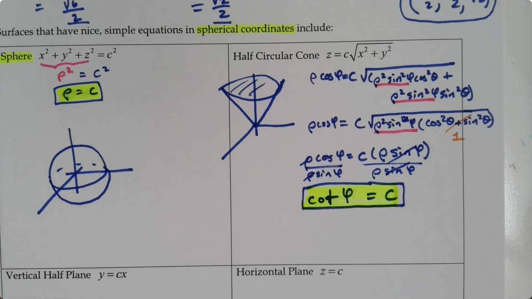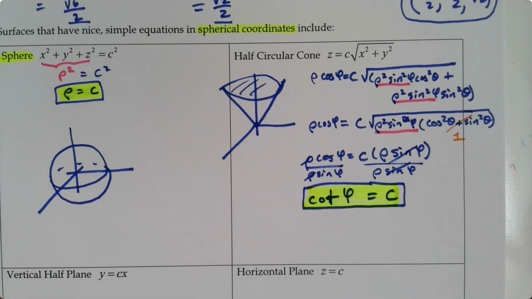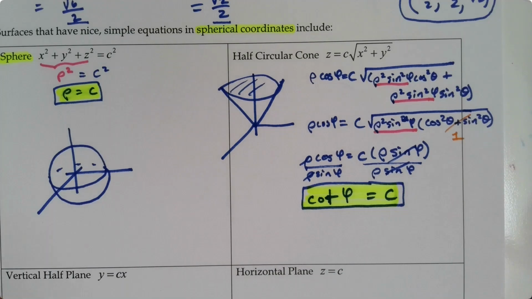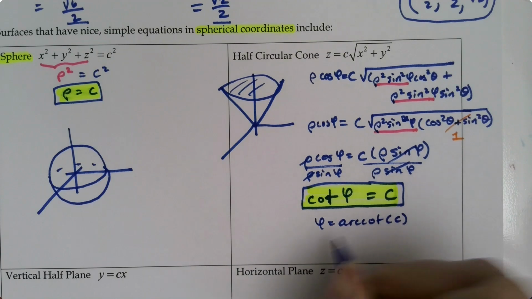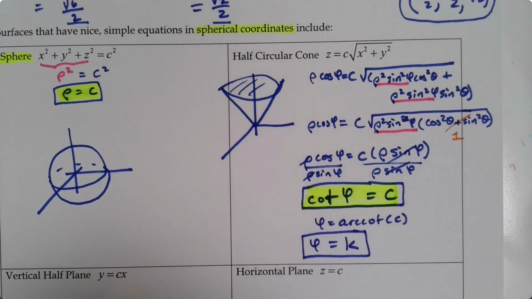I will be honest, that is not how we write it a lot of the time. Because if the cotangent of phi is some constant, phi is the arc cotangent of that constant, which is another constant. So phi is equal to the arc cotangent of c, which is equal to some constant k. And that's how we write it more often. So we write it both ways, though.